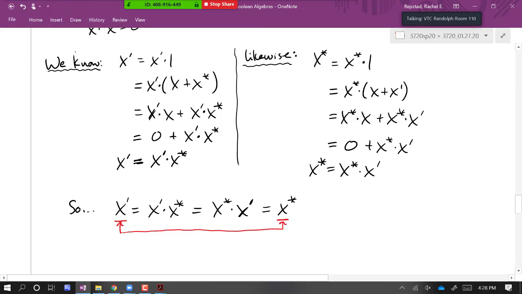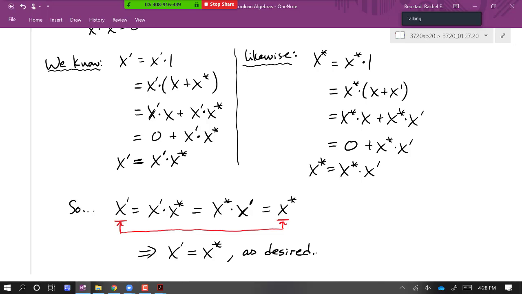So this means that x prime is equal to x star as desired. So the complement of an element is unique.